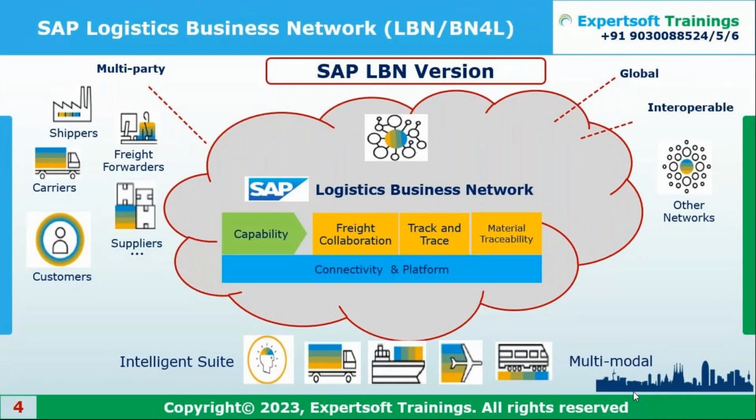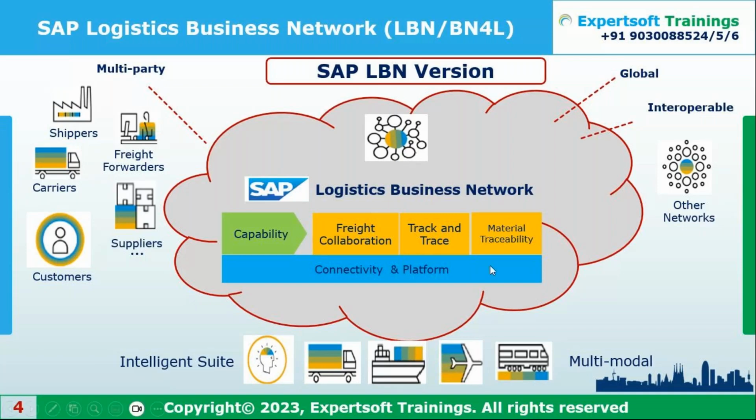So in BN4L, as we told, all the partners will be onboarded: customer, vendor, shipper, freight forwarders. It has the possibility of connecting with the track and trace, which is called the global track and trace, and freight collaboration.